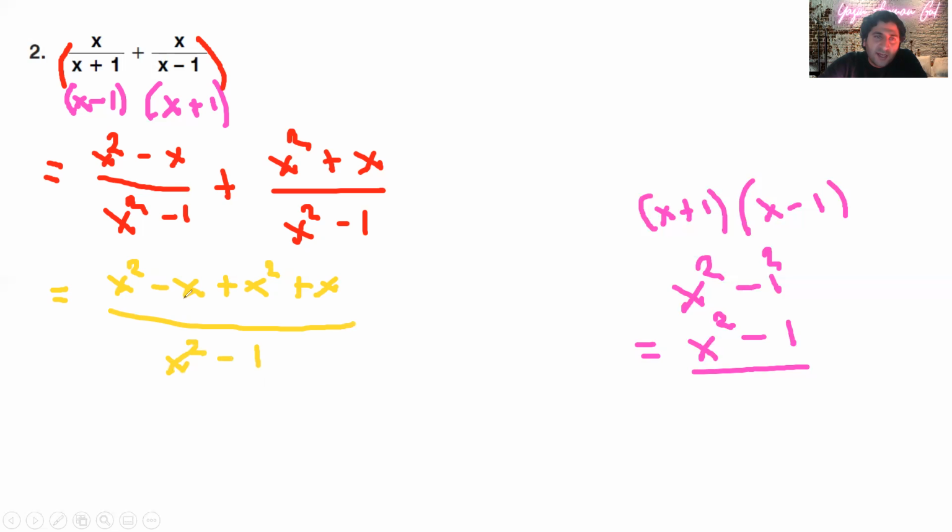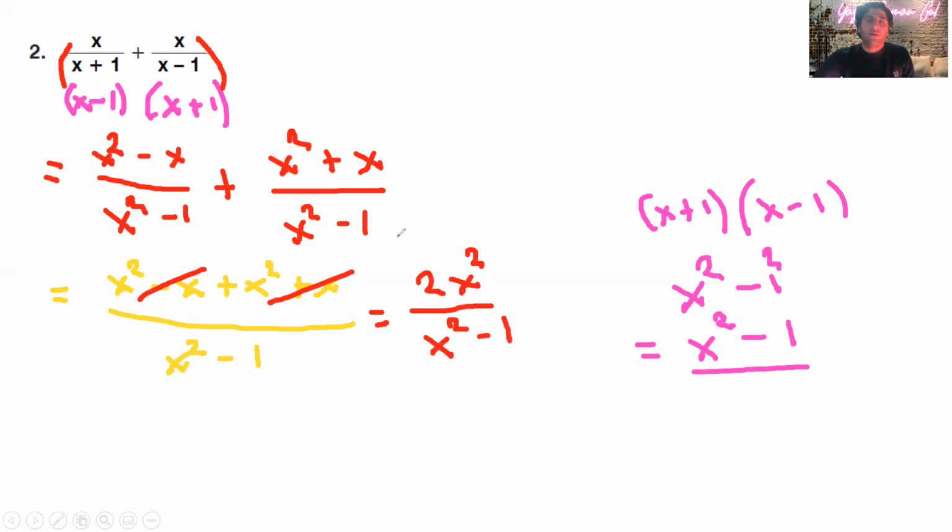So something will be cancelled here: negative x plus x, that will be 0. So x squared plus x squared, then I'm going to have 2x squared, because 1x squared plus 1x squared is 2x squared, over x squared minus 1. And this is going to be my answer.